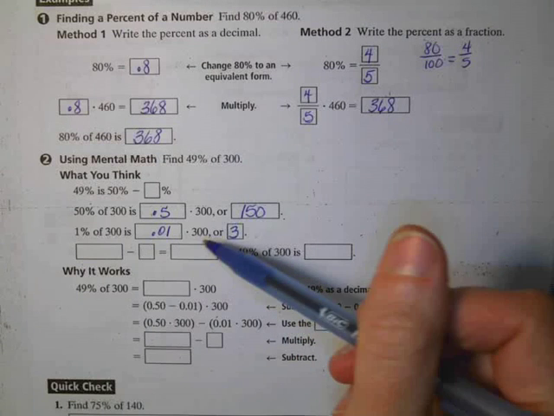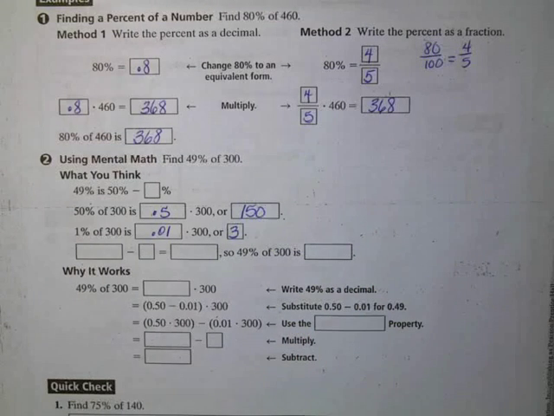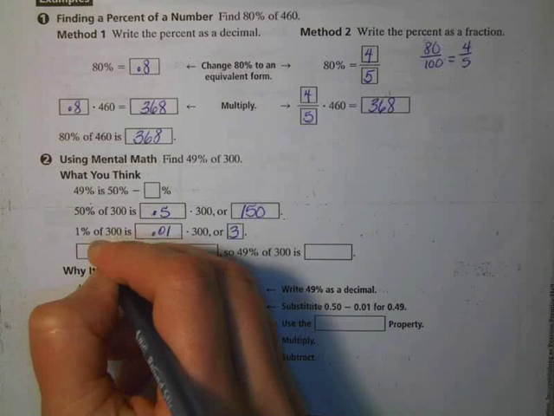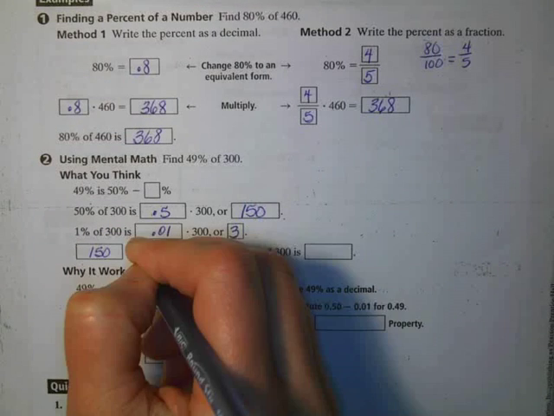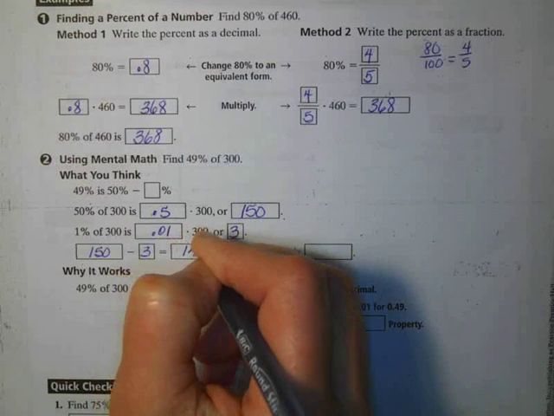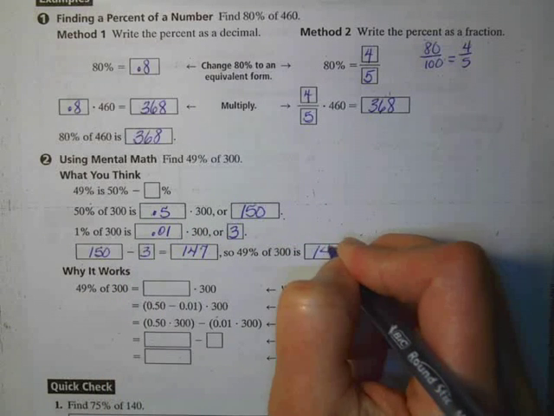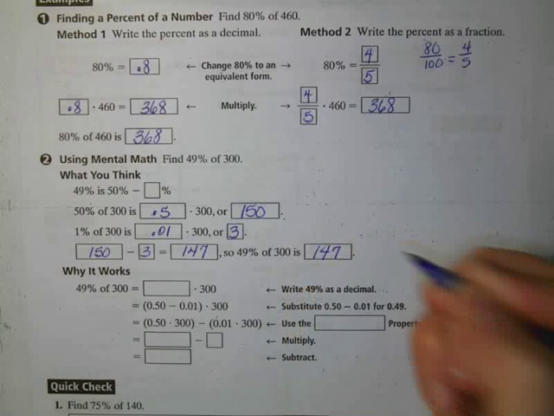To multiply by 1/100th, you just move your decimal point 2 places back to the left. So we do our two products, 150 minus 3, to get 147. So 49% of 300 is 147.